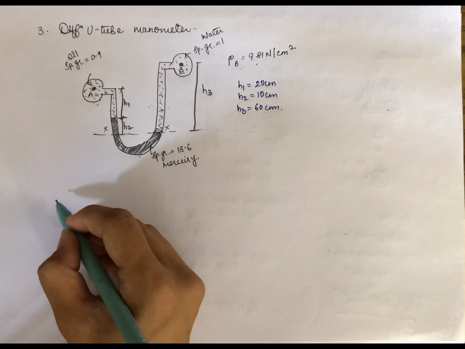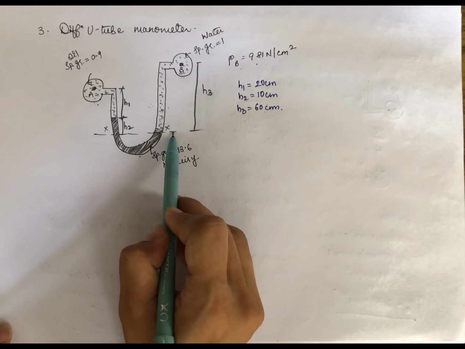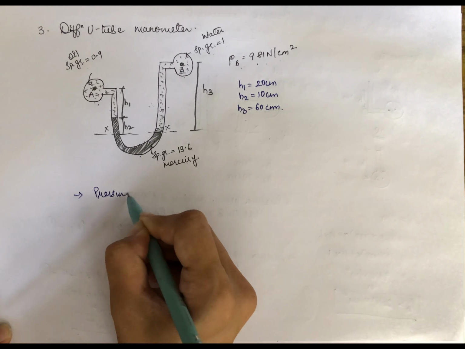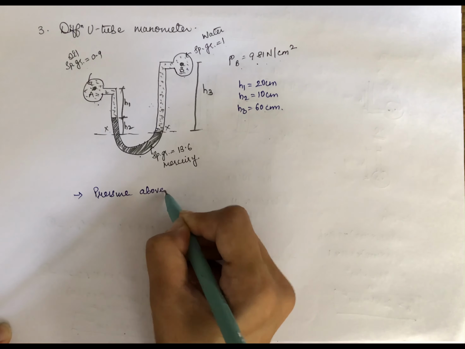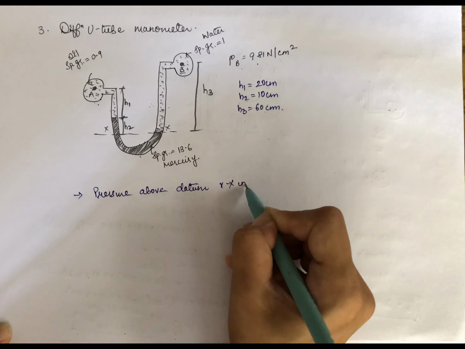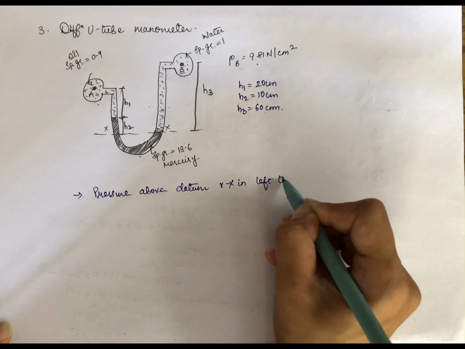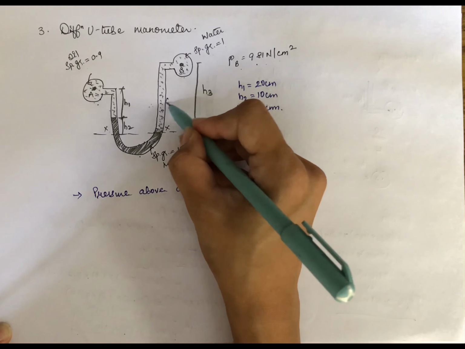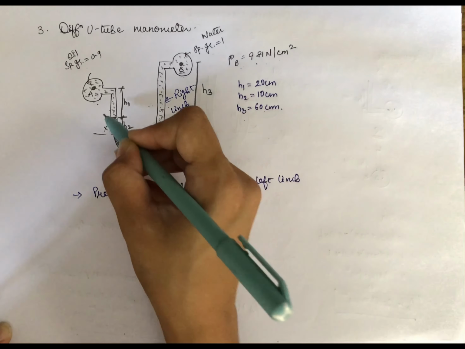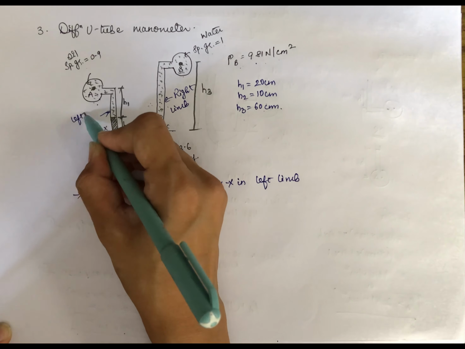Now, here again a datum XX is given. So, writing the pressure above datum XX in the left limb. This is the right limb and this is the left limb.